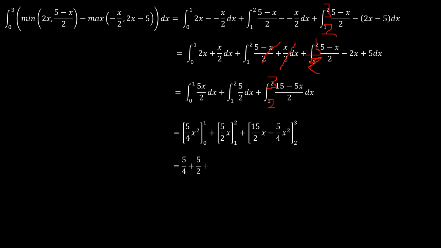So we have 5 over 4 here, because 1 squared minus 0 squared is 1, and then here 2 minus 1 is 1, so we have 5 over 2 left here. And then for the last item here we have 15 over 2, because 3 minus 2 is 1, and then 3 squared minus 2 squared is 5.